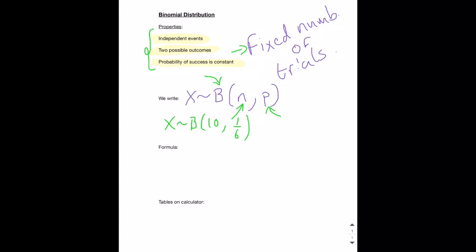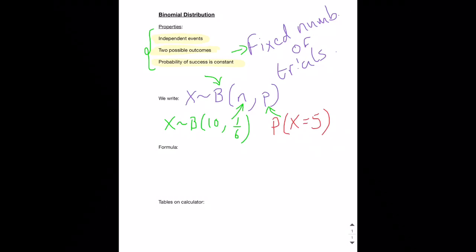Well, the probability of that is 1/6. So if x here represents me getting a number 6 when I roll a die, and I roll it 10 times, and maybe I want to know, oh, what's the probability then of me getting exactly 5 6s, getting a 6 5 times? What's the probability of that?